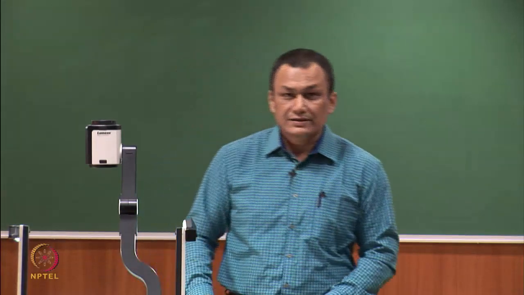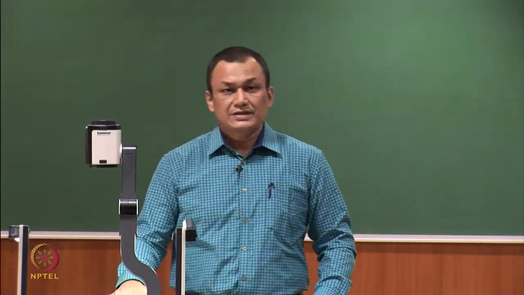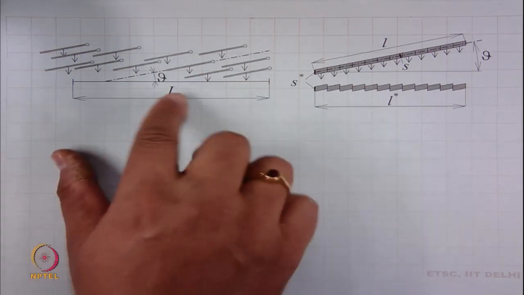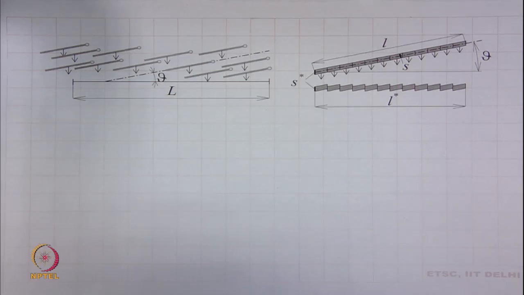So, what you see is that this is a diagram of a sliver with oblique fibers. So, all fibers are inclined at an angle theta from the axis of sliver.